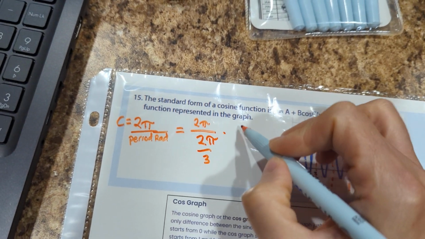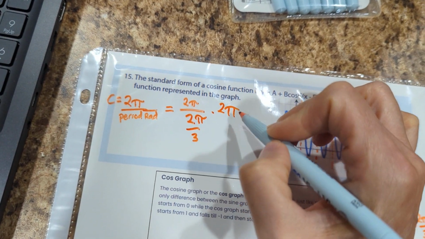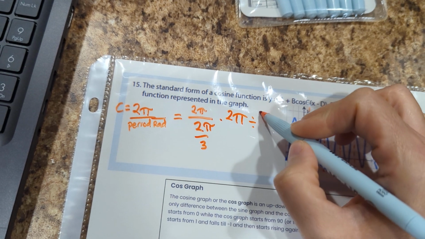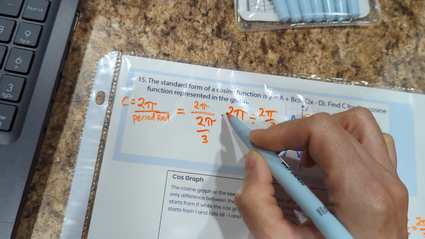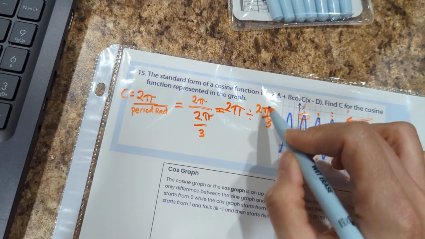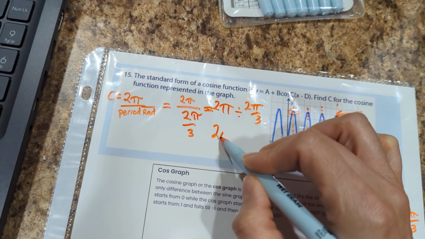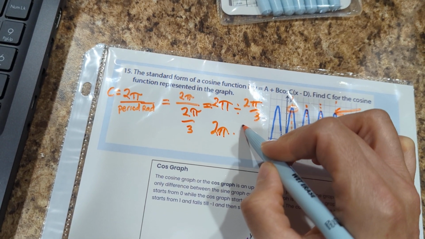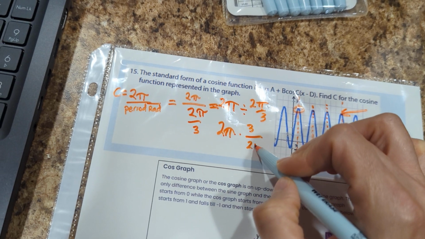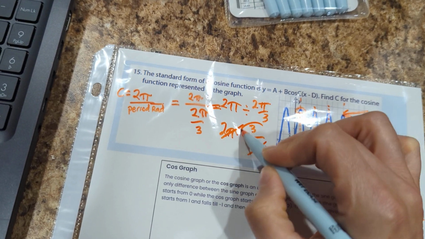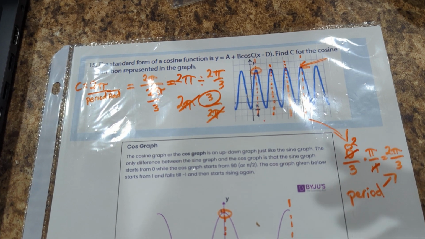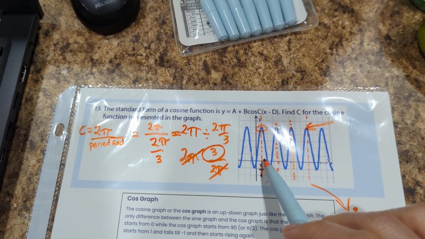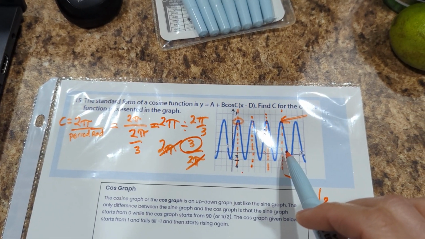So when we do our math, 2 pi divided by 2 pi over 3, multiplying and dividing fractions means we have 2 pi times the reciprocal. Our answer is 3.